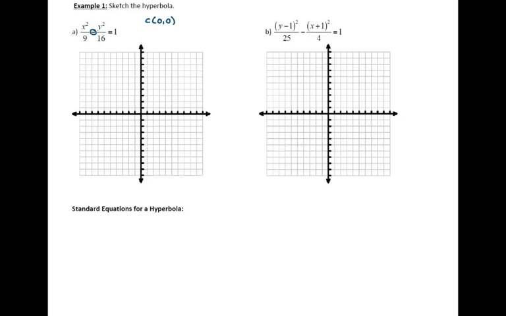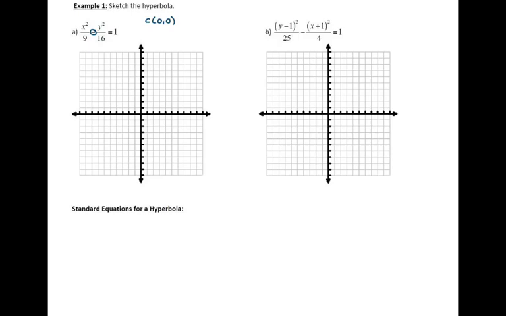That is the key difference in what the equations look like. We'll find the center the same way as we did with an ellipse. In this case, the center is 0, 0, because it's just x squared and y squared in the numerator. Then what we need to identify next is our a and b value, and we'll talk about how those are going to impact the graph of the hyperbola in a second.